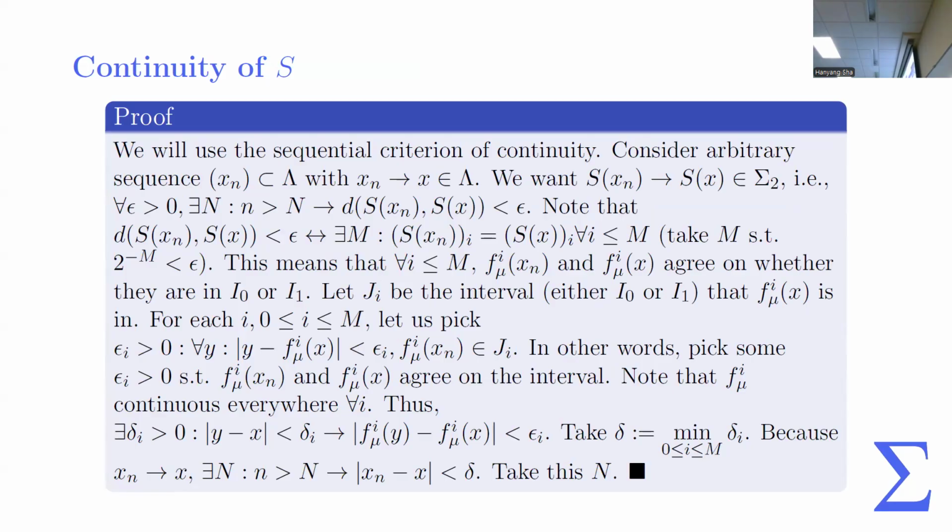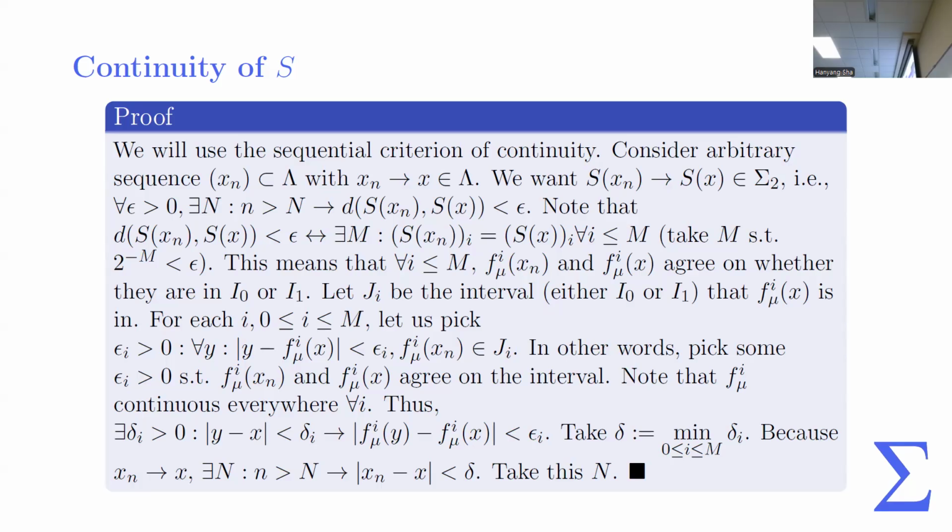Yes, so we will use the sequential criterion. Let's consider an arbitrary sequence x_n that converges to x. Then we want S of x_n to also converge to S of x. That means for all epsilon greater than 0, there's an N such that for all n greater than N, the distance between these two is less than epsilon.